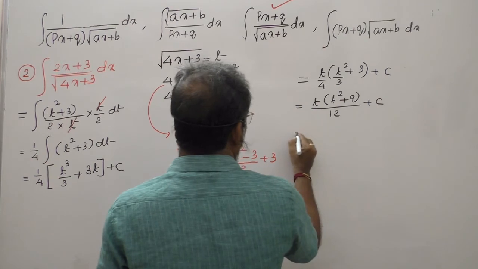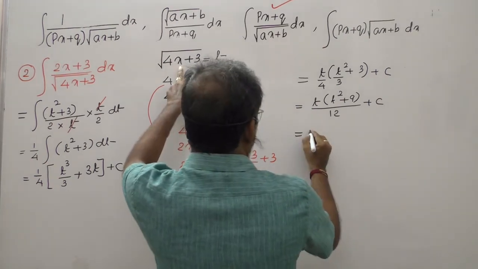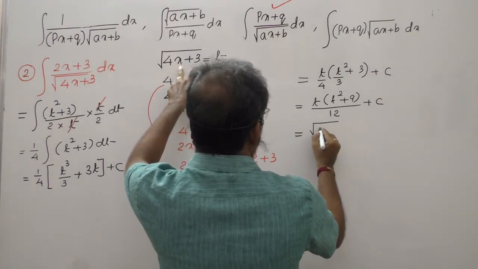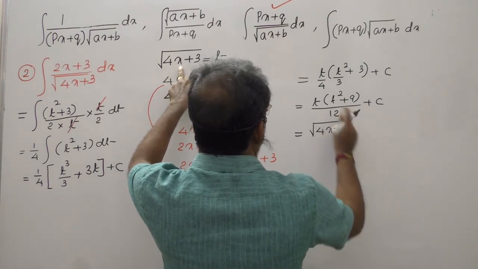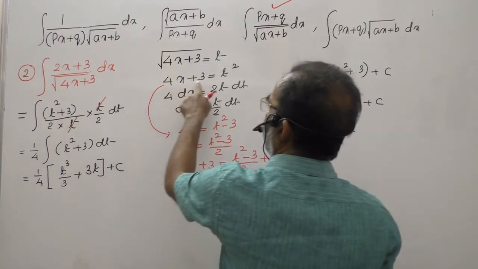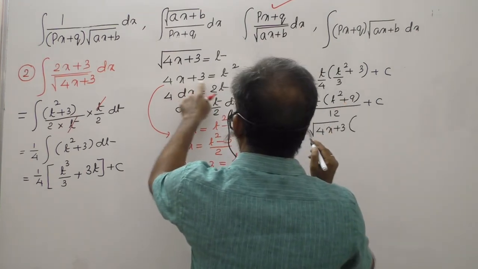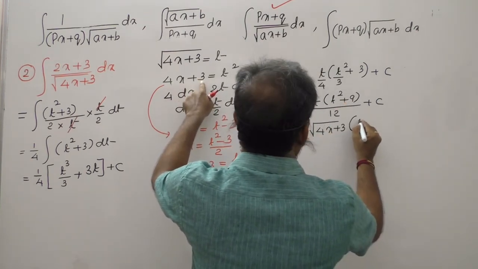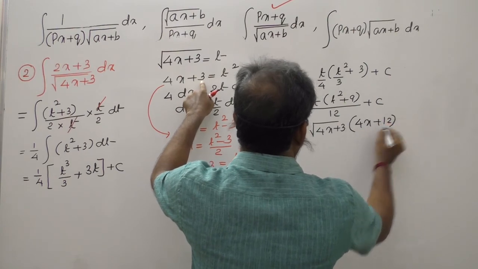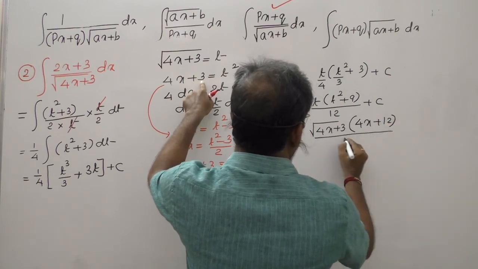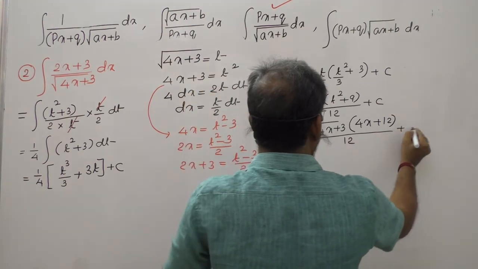Now we will replace t. What is t? t is root over 4x plus 3, into t square. This is t square. t square plus 9. If I write 9 here, 4x plus 3 plus 9 is 4x plus 12. Divided by 12 is there plus c.